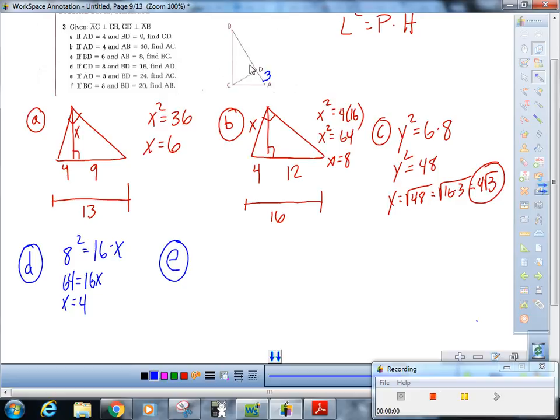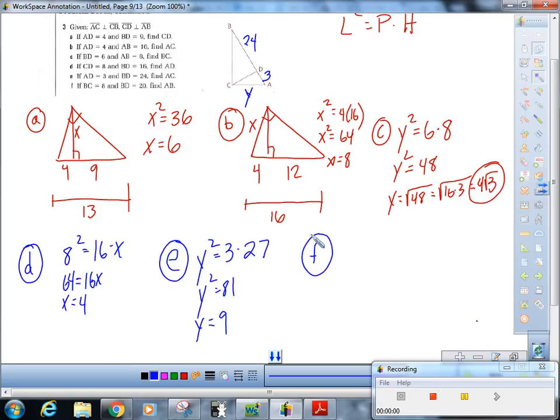BD is 24. They want AC. So that's leg. So leg squared is part times whole. So y is 9.